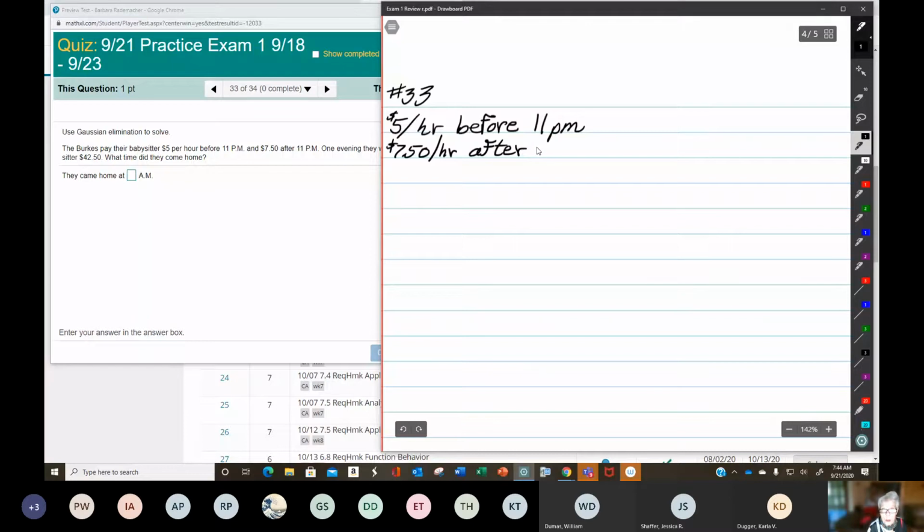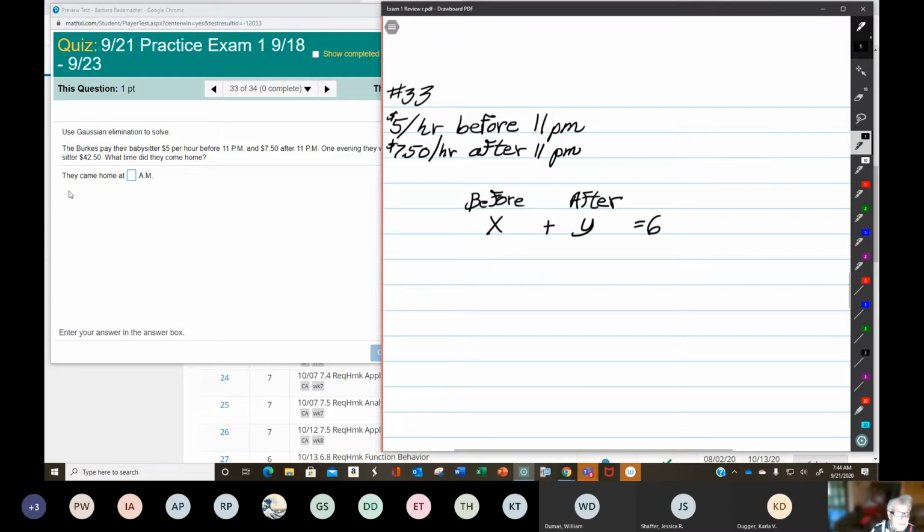There are hours before 11 p.m. and hours after 11 p.m. So I could even make a kind of a chart. So, before and after, and they go out for 6 hours. So the before and the after are going to add up to 6.